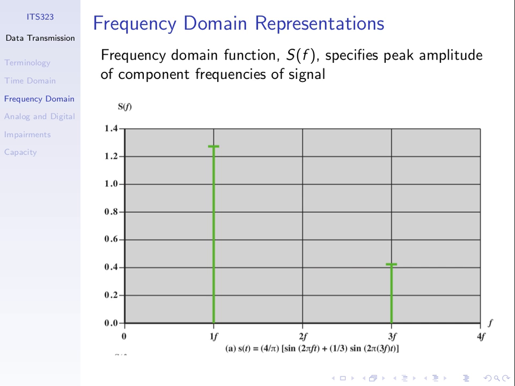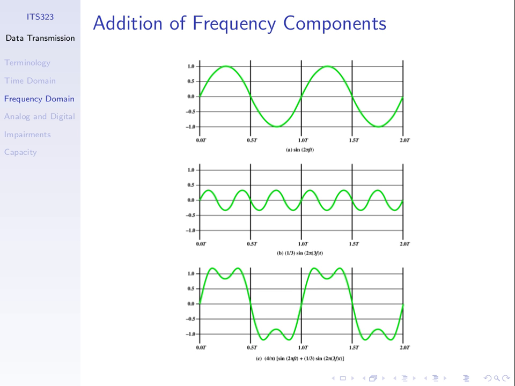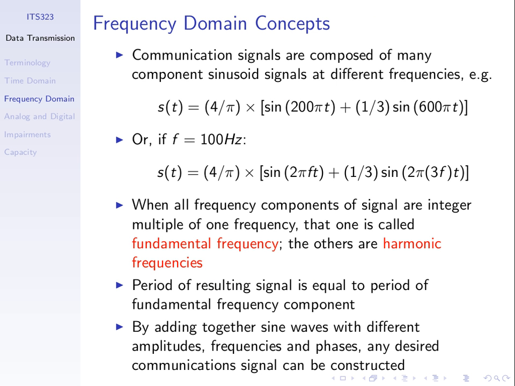What we've covered today, and we'll move on to tomorrow, is some terminology for data transmission. And in terms of signals, from the very basics, we treat our communication signals as sinusoids. To create more complex signals than a simple sine wave, we can combine sinusoids together.